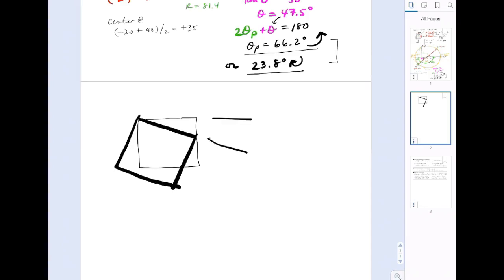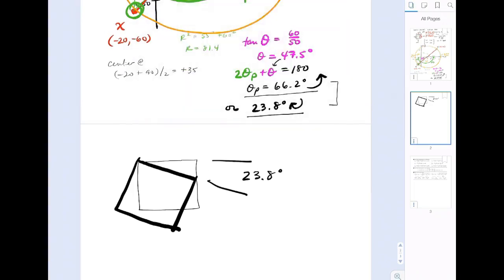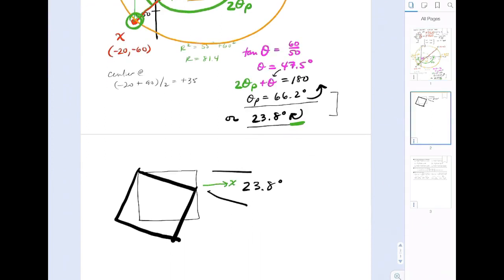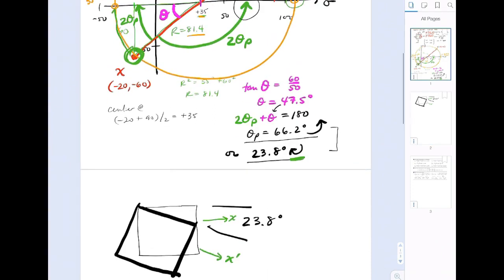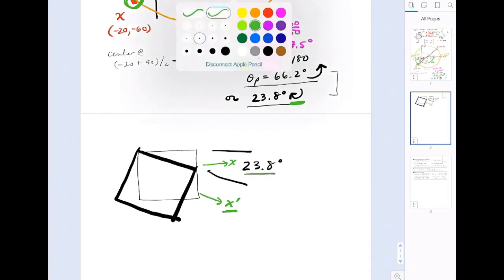I can go ahead and label that as 23.8 degrees. And remembering, by going 28.3 degrees counterclockwise, the original x-axis was sitting here. The new x-axis would be sitting down in that direction, x prime. I took the x point and rotated it to principal in the clockwise direction. So the new x point is sitting at 23.8 degrees in the clockwise direction.